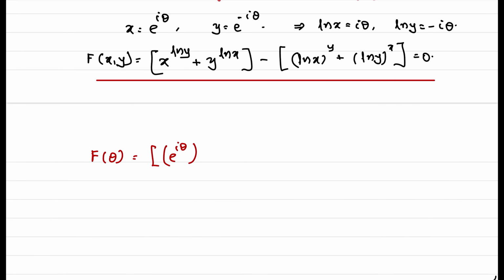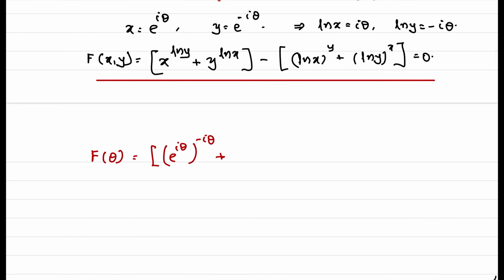I substitute these values in this original equation. f(x, y) has become f(theta), e to the power of i theta to the power of ln y. ln y is minus i theta. Sorry, here I am using red pen. Let me use red pen.